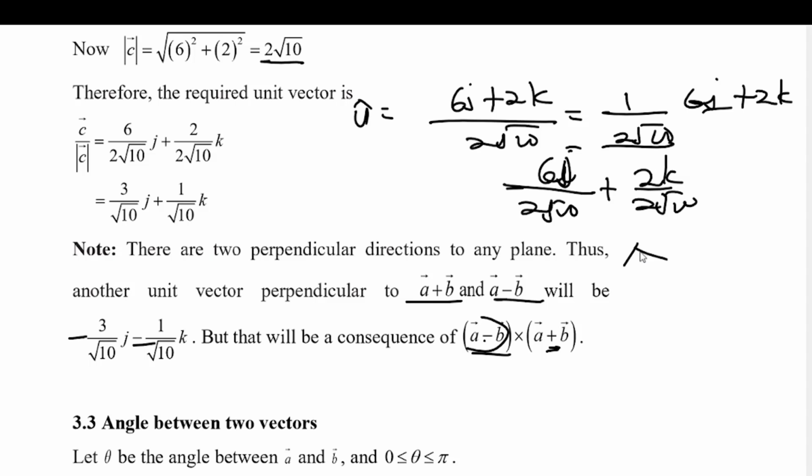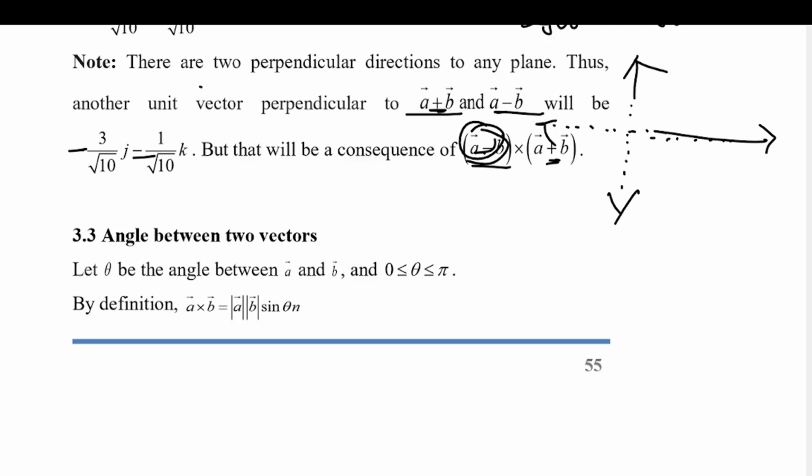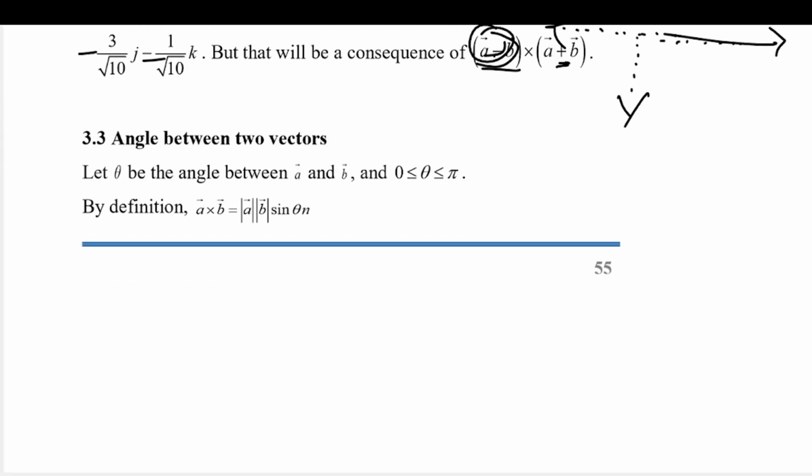So if there is a vector in a plane towards this place, there is another one too, which is opposite to that one. If there is a cross product of a plus b cross a minus b, then the opposite one will be a minus b cross a plus b. Of course, we make a change of signs.